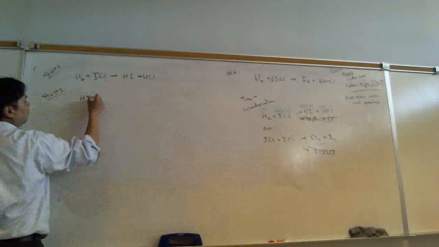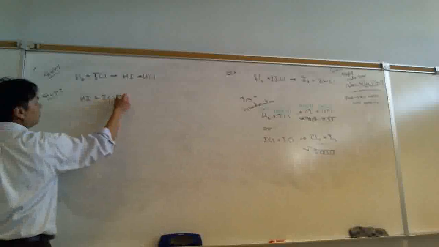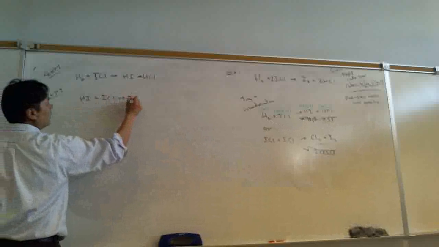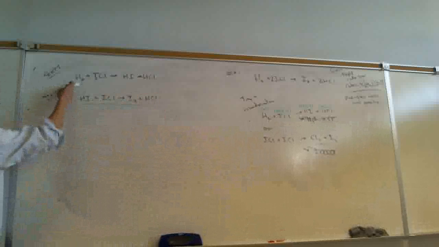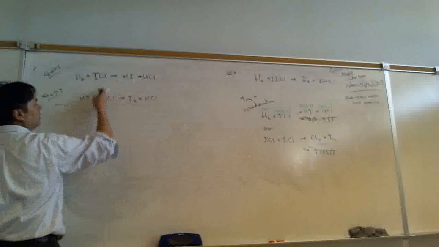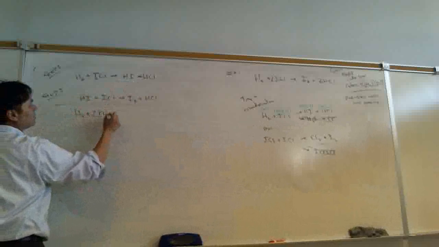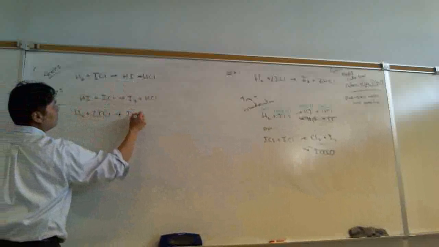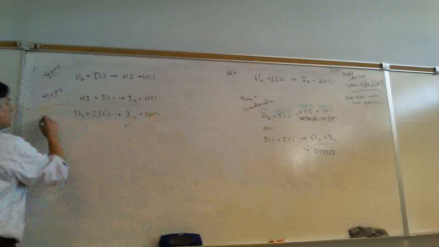So HI will react with what we have left over, ICl, to produce I2 and HCl. This is good because if I add these two up, the intermediate cancels out and I end up with the net reaction: H2 plus 2 ICl yields I2 plus 2 HCl. And so the net reaction matches.